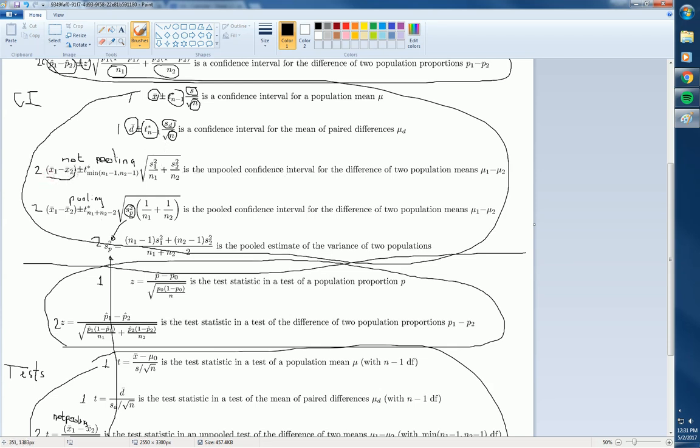For two samples, x bar 1 minus x bar 2 is just the difference of your sample averages. You also have sample standard deviations and sample sizes for the two samples. Your t star here is calculated the same way as above, but your degrees of freedom will be the smaller, that's what min means, the smaller of n1 minus 1 and n2 minus 1.